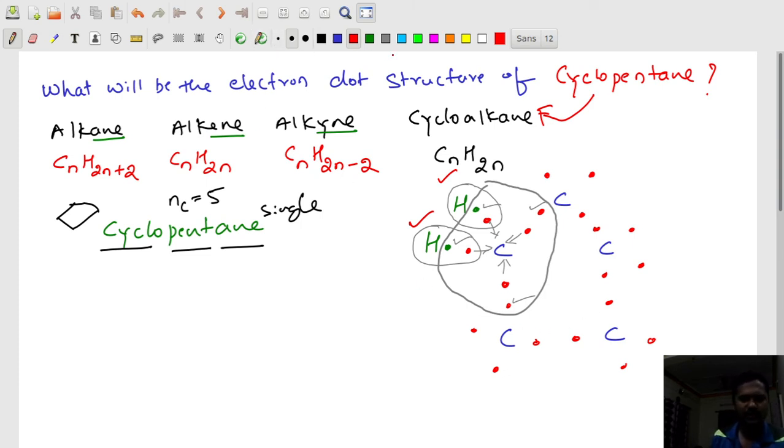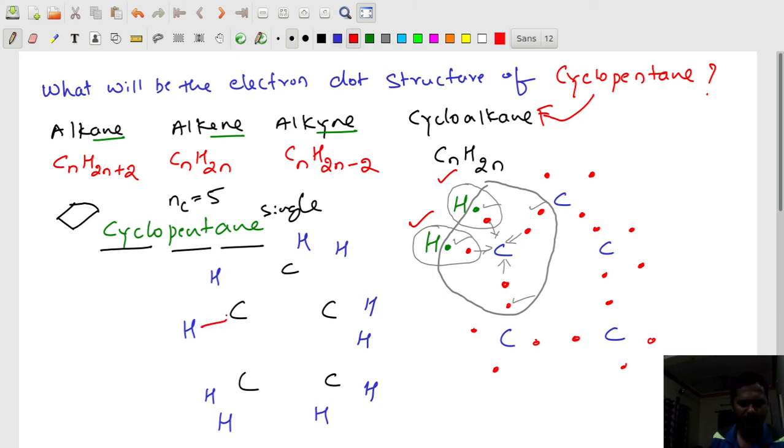Now if I draw the bonds, let me take the 5 carbons here, and around them you will find 2 hydrogens here, 2 here, 2 here, and 2 here. So what is this bond?